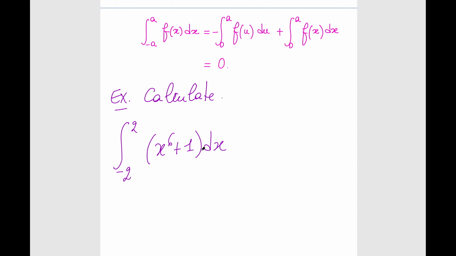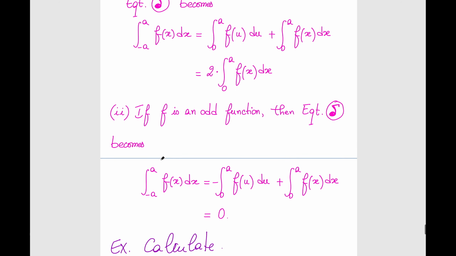Sure, we can find a primitive for this function and use the fundamental theorem of calculus to evaluate it at the upper bound and then subtract its evaluation at the lower bound, right? We can do that, but this would be too much since we already have a result.